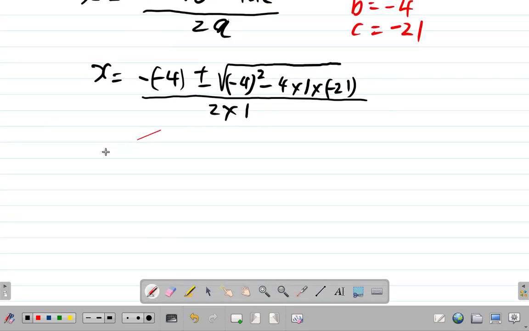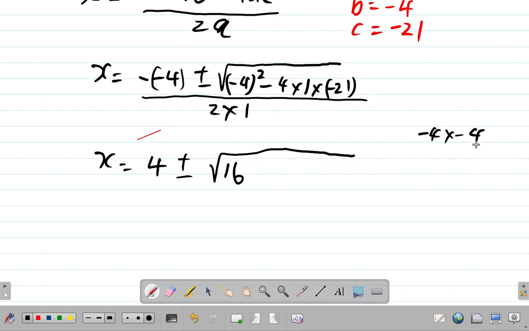Alright, so you say x equals negative of negative 4, or positive 4, plus or minus the square root of negative 4 squared, which is the same as negative 4 times negative 4, and that gives you a positive 16, because a negative times a negative is a positive. Negative 4 is negative 1 times 4, so negative 1 times 4 times negative 1 times 4.